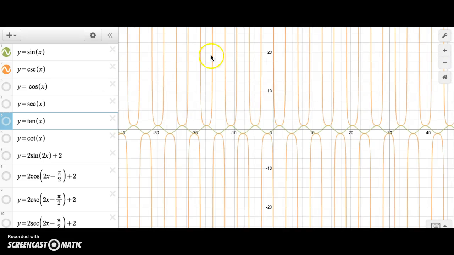Pretty much all you do is you flip your sine graph and extend the lines. See how it's on every top and bottom? So that's pretty much what they look like.